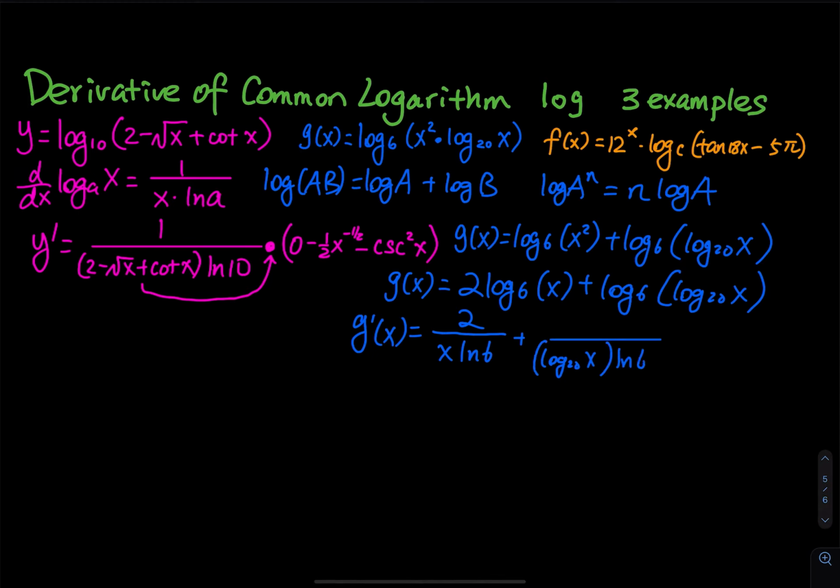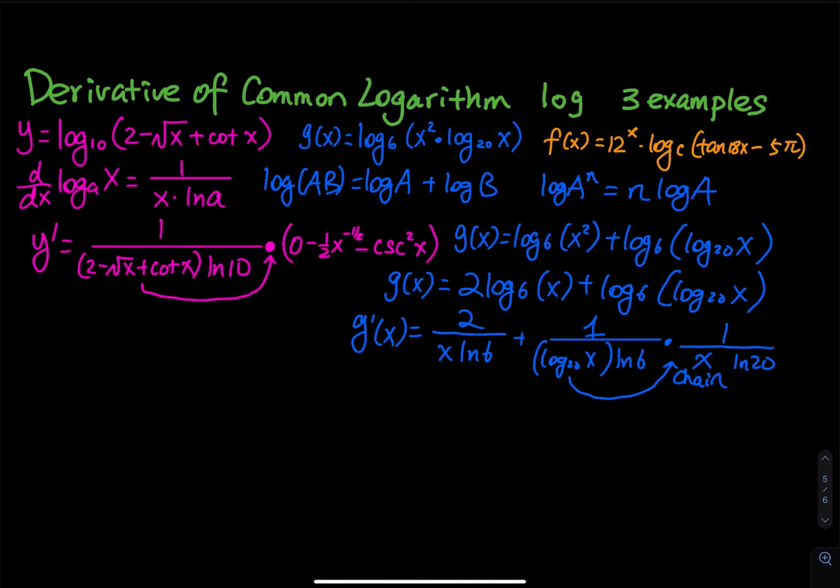And then we have a 1 on top, and we have to multiply the derivative of this log by the chain rule. What's the derivative of that? The base is 20, so we have ln 20, and the independent variable is x, so this is x times ln 20. All right, and this is it. That is the derivative of the second function.